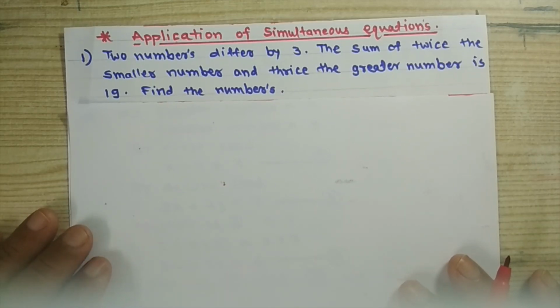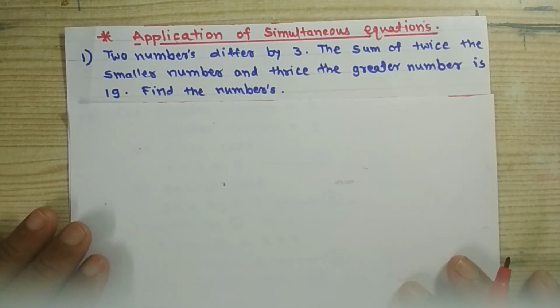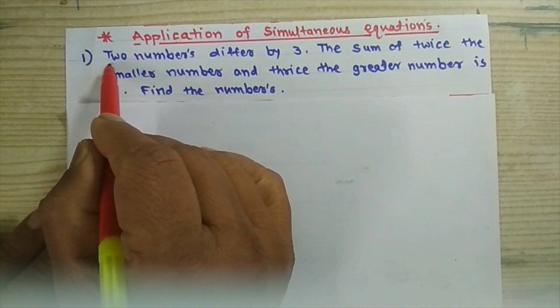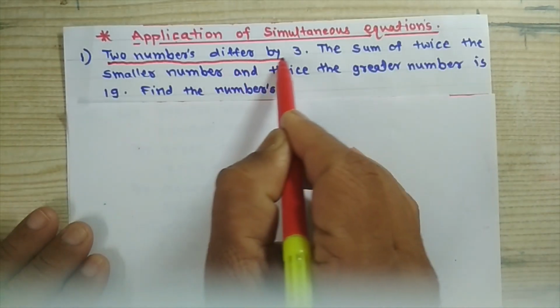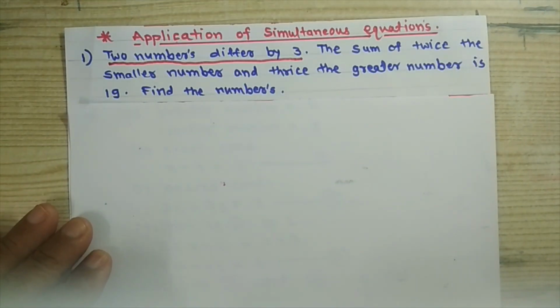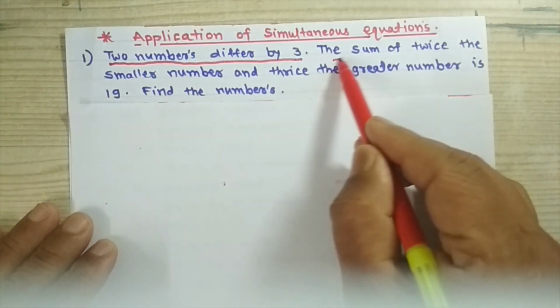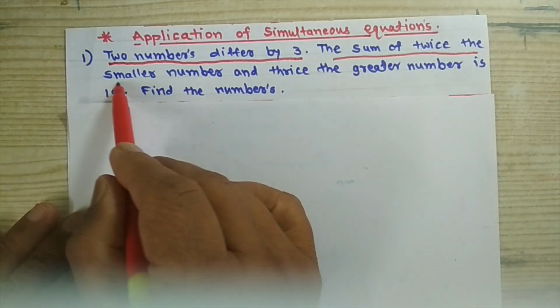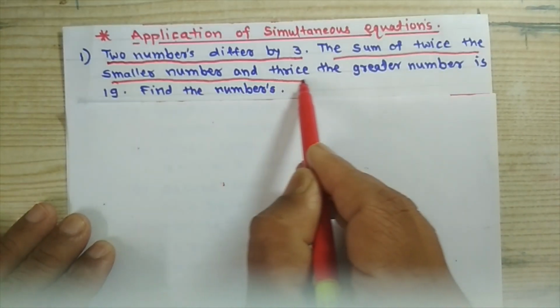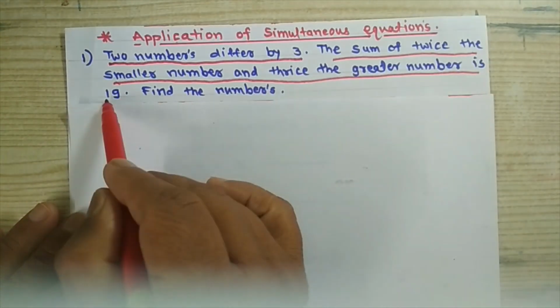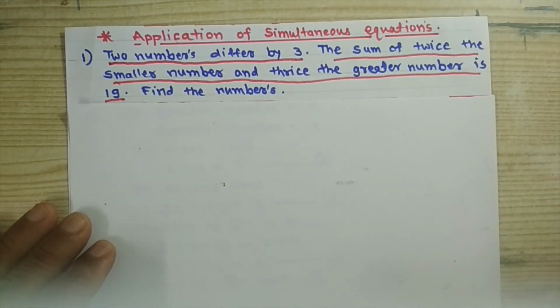In this example, two conditions are given to us. Two numbers differ by 3 is the first condition. And the sum of twice the smaller number and thrice the greater number is 19 is the second condition.